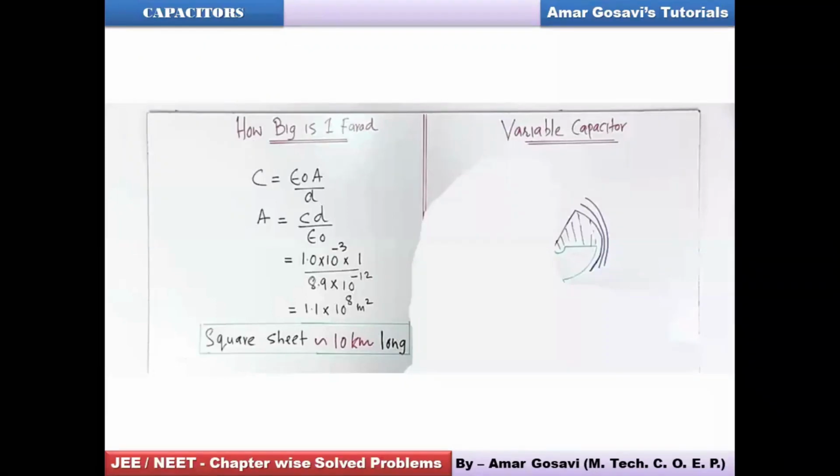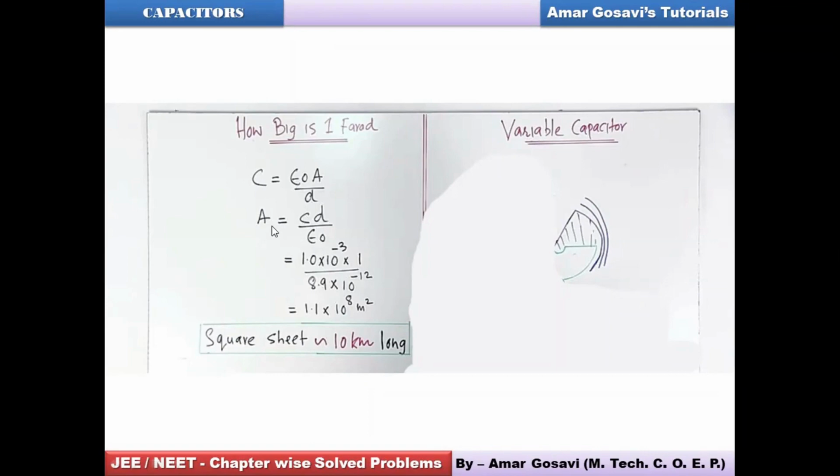Now let's try to understand how big 1 farad would be. Say for example, if capacitance has to be 1 farad, let's see what would be the area of the plate. We'll put all the values as unity over here. Say we put the general value of epsilon naught, d as 1 meter.